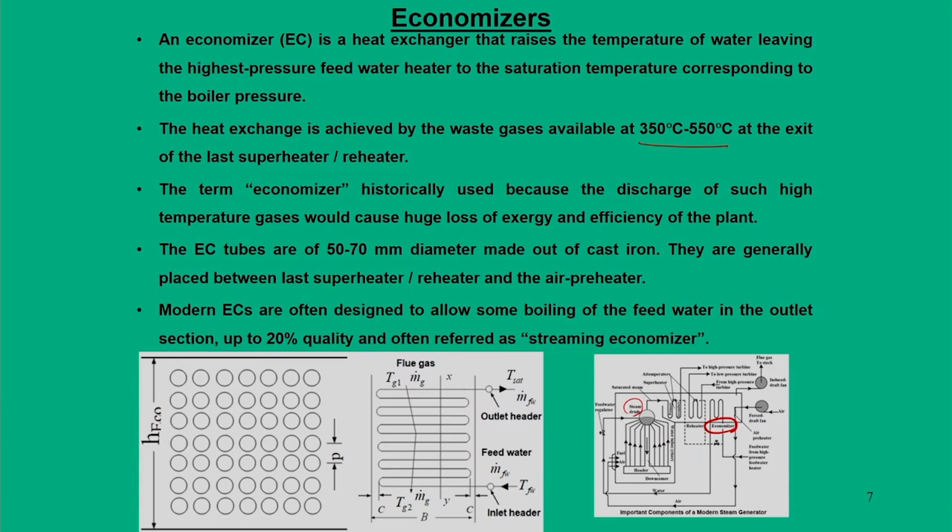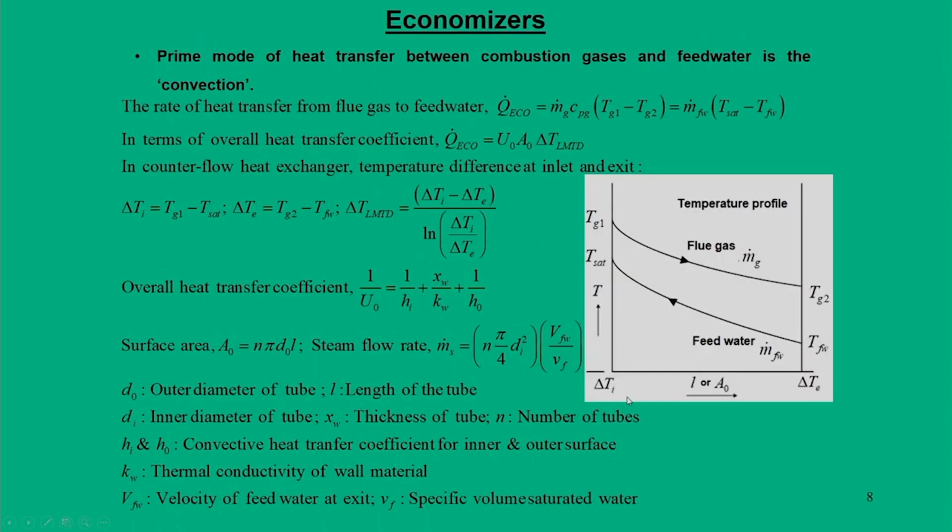One such use is in the superheater and reheater, and it can also be utilized in the economizers. An economizer is a heat exchanger that raises the temperature of the high pressure feed water to the saturation temperature corresponding to boiler pressure at entry to the steam drum. So, this is also an essential requirement for a modern steam generator unit.